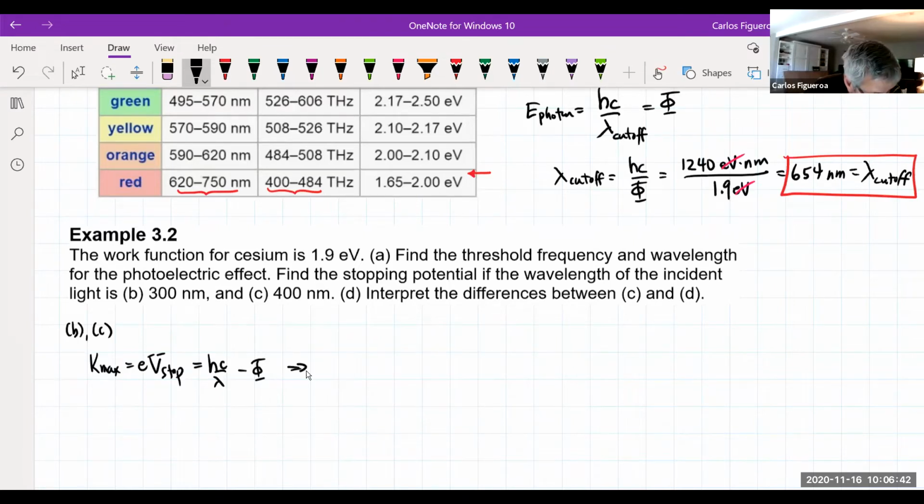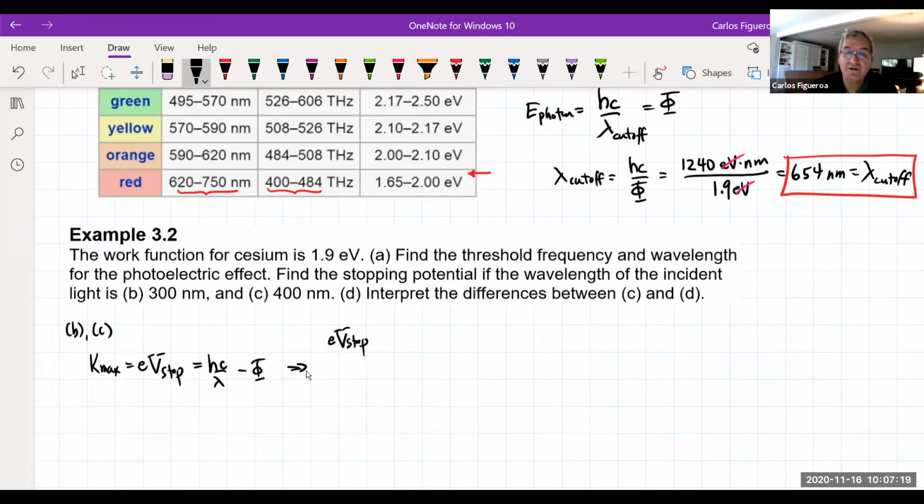Now, when I say stop voltage, should I have an e? Personally, I typically always leave the e there because I don't ever want you to plug in the value for e, ever. So a lot of the time, if I say calculate the stop voltage, I'll just leave it as e times V stop.